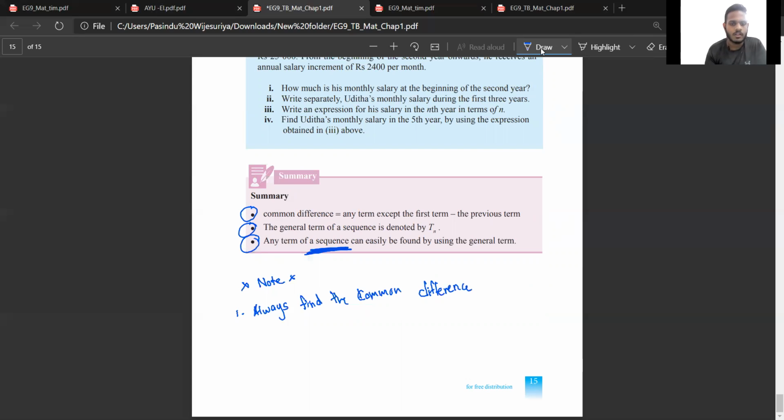Keep it in mind. Then when it comes to finding the general term, first find the CD, then put it adjacent to n, then you will have to balance the number with that.